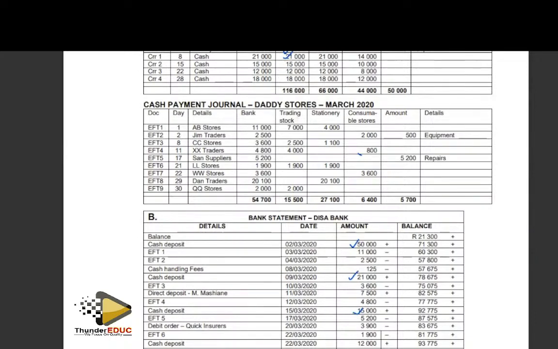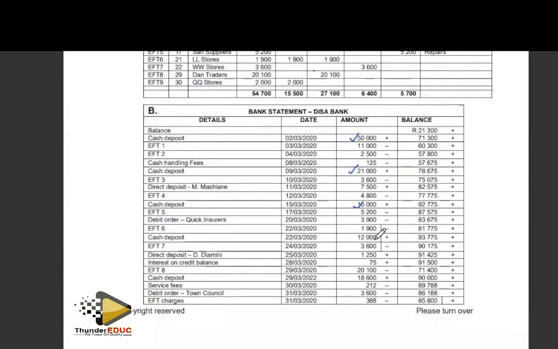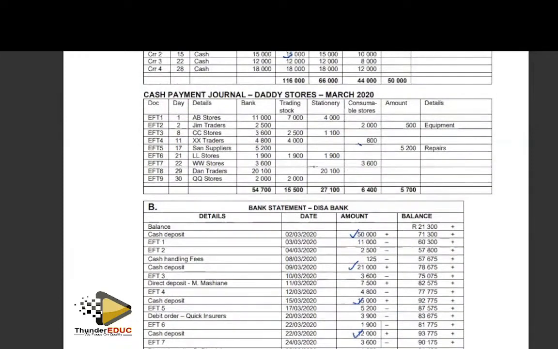Then we have the 12,000. Sorry, on the statement we have the 12,000. What is the 12,000? Cash deposit, 22nd. Okay, 12,000. Even here on the cash receipts journal, I have the 12,000, on the 22nd.